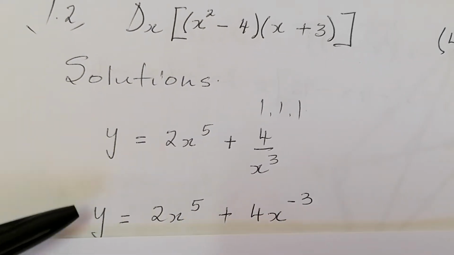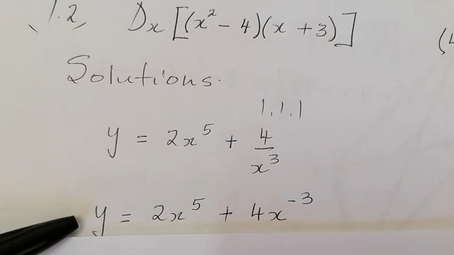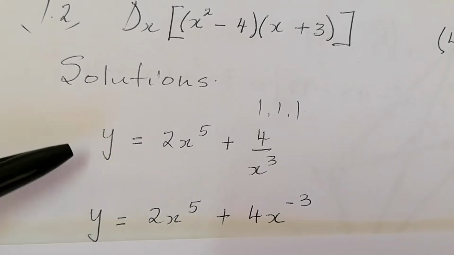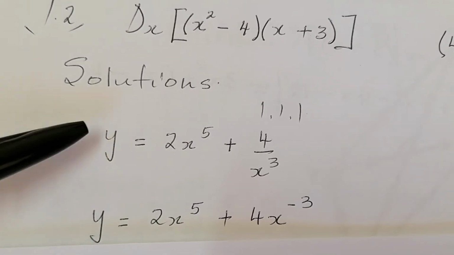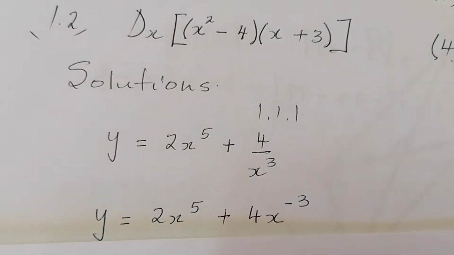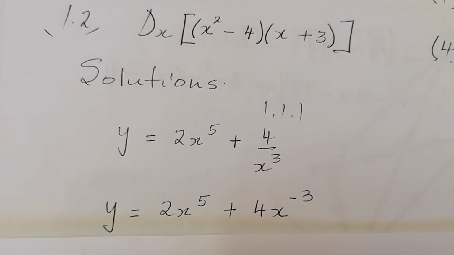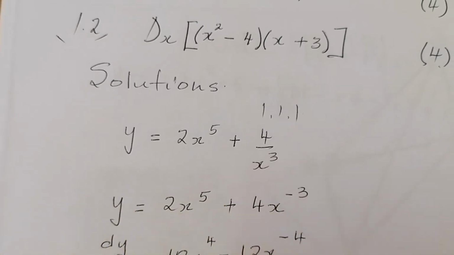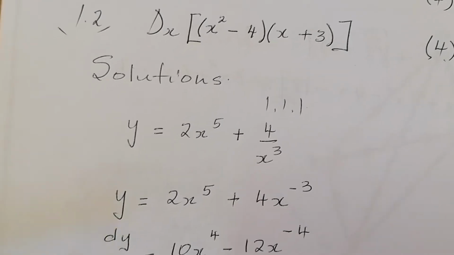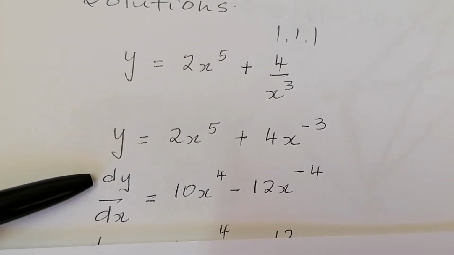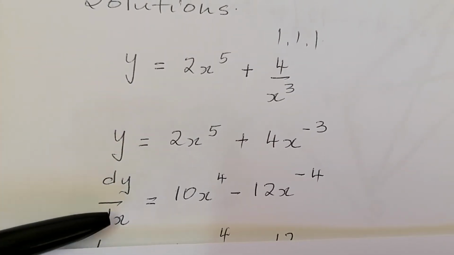If you look at how I write it, I am actually showing that I have not differentiated. The function is still y. Now, next step, I'm going to differentiate. Now I'm differentiating the function y with respect to x.